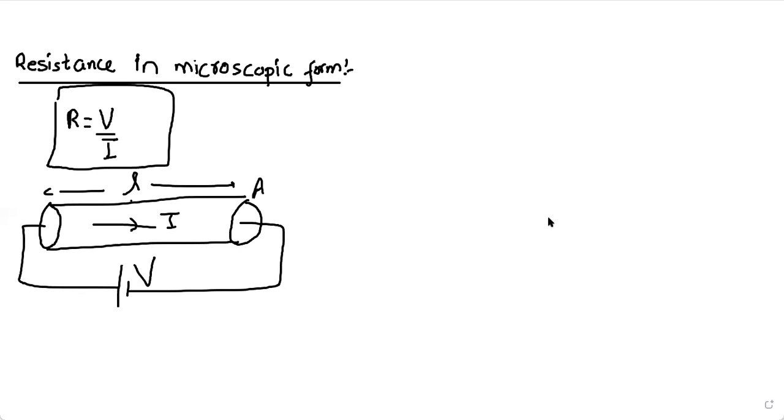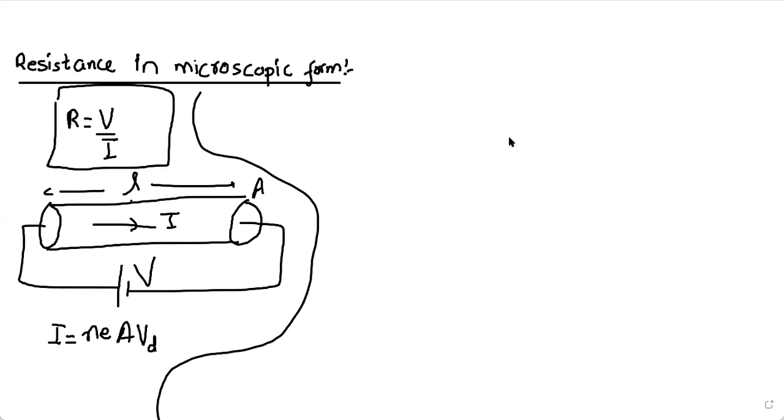Sania. What's the expression of current in terms of drift velocity? Sir, T by L VD. NEAVD. The second calculation that we did, Yes, sir. I is NEAV.